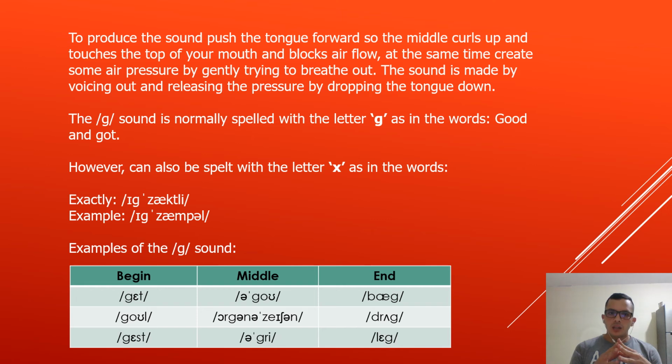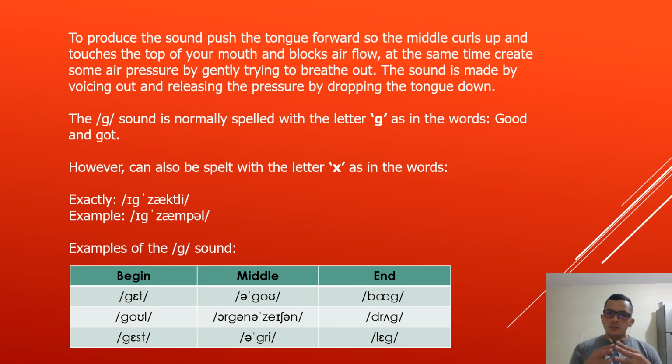To produce the sound, push the tongue forward so the middle curves up and touches the top of your mouth and blocks airflow. At the same time, create some air pressure by gently trying to breathe out. The sound is made by voicing out and releasing the pressure by dropping the tongue down.